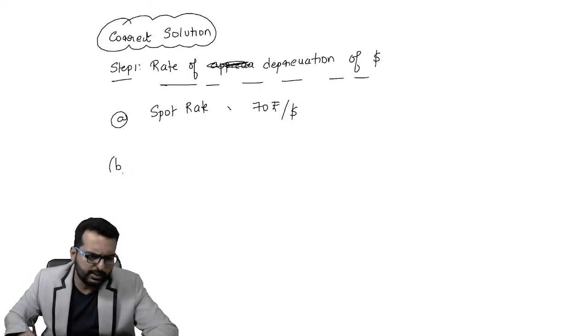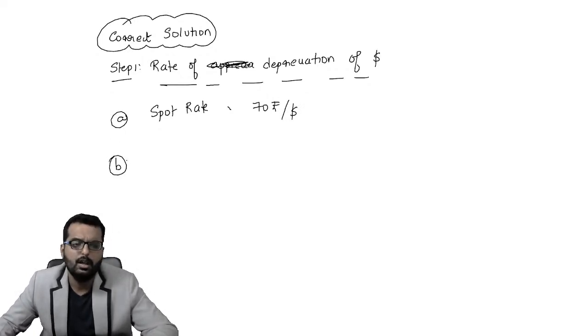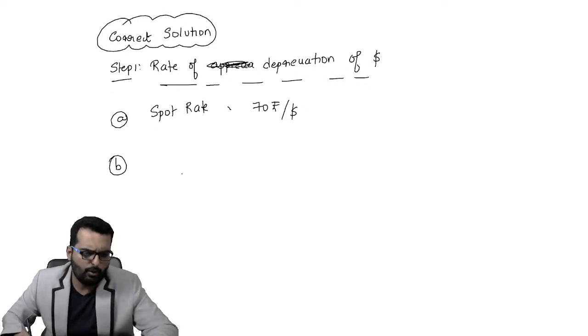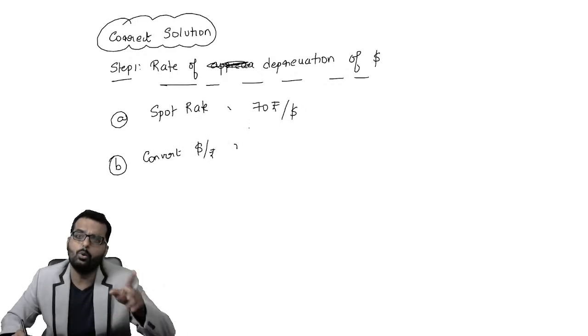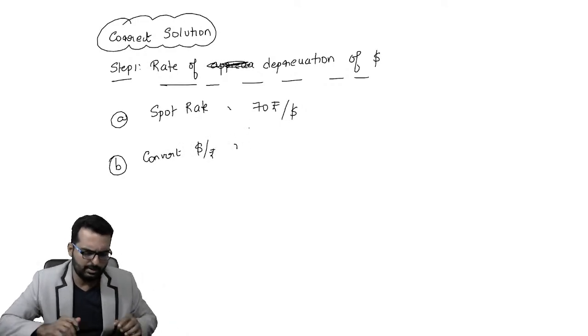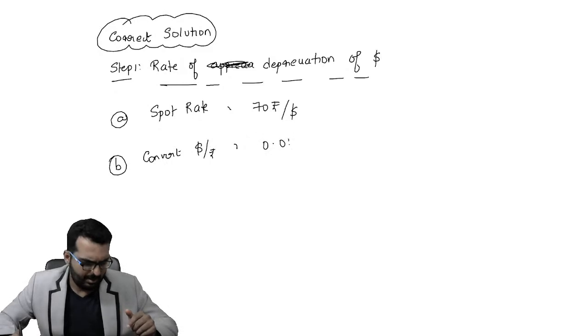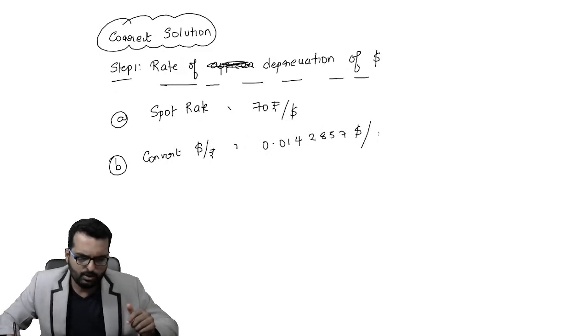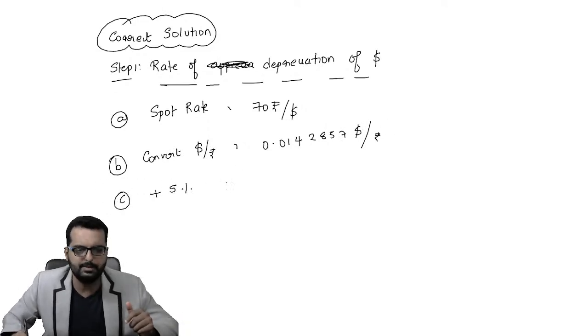So in order to determine what is going to be the appreciation of rupee, I have to convert this into dollar per rupee, so that now rupee becomes a commodity. So I'll do 1 divided by 70. I'll get 0.014287 dollar per rupee. Now I will add 5 percentage.